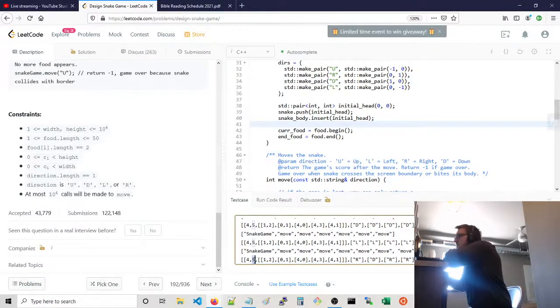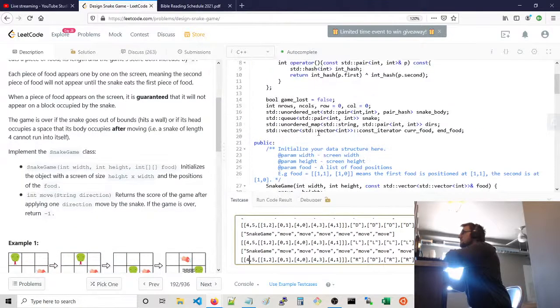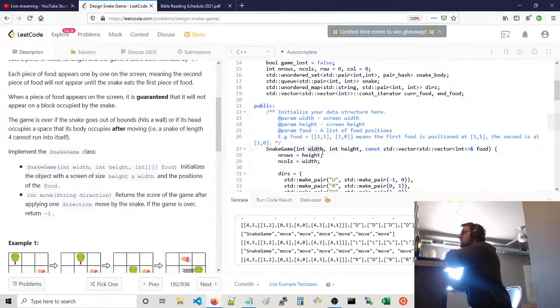Number of rows, number of columns. Row, column. No, it's actually the other way around. It's reversed. This is with height, right? Height is rows, width is columns, so this being reversed is pretty awkward.